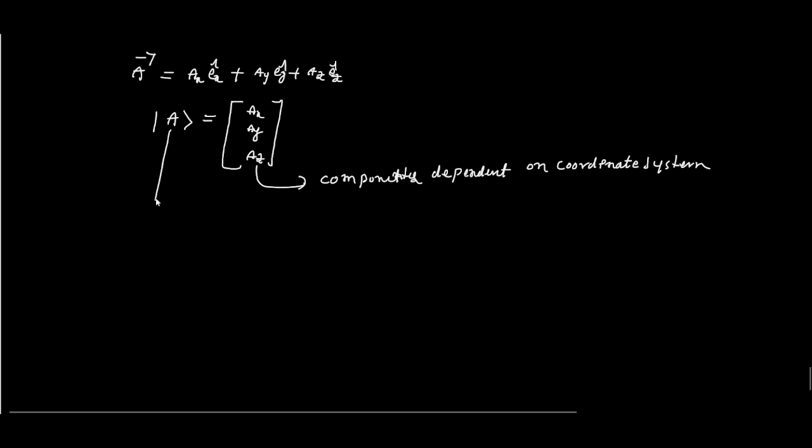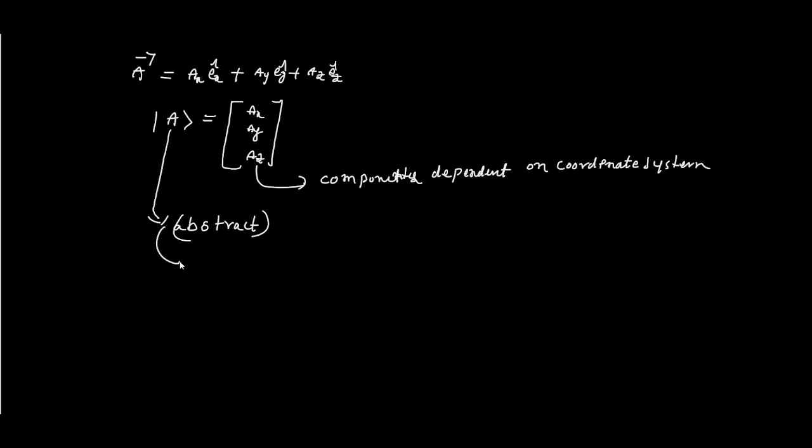And this is the abstract space vector, and this vector is independent of the choice of coordinate system.